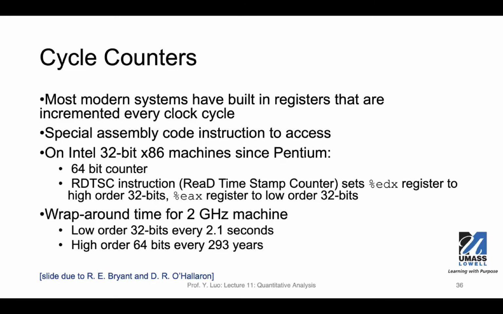We'll use special assembly instructions. For example, on Intel's machines, there's a 64-bit counter. You use RDTSC, that means read timestamp counter instruction, and that will use two registers, EDX and EAX. Those two registers together give you a 64-bit value of the cycle count.